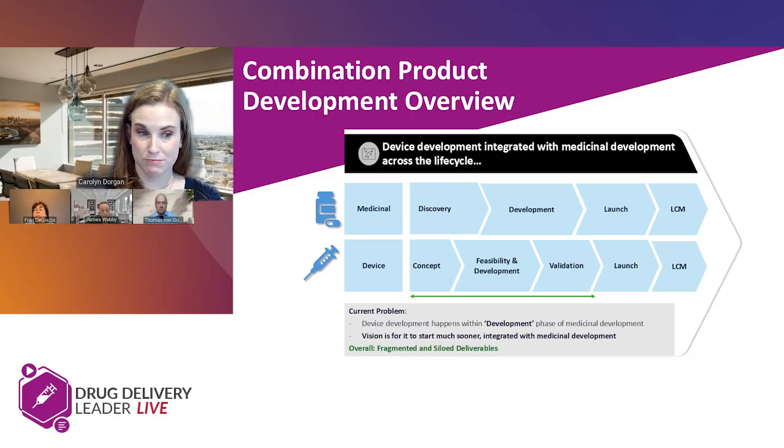Now, in order to squeeze all that into the medicinal product, the planning has to start much earlier within medicinal product development. The earlier we can start characterizing, the earlier we can understand what type of combination product we need, what those inputs are, what those user needs are, what type of holistic solution we need to supply to the patient, what's going to be important, what our reimbursement strategy is.